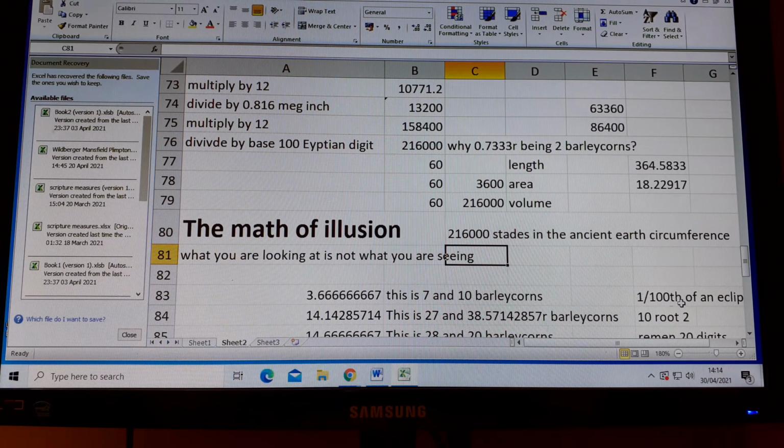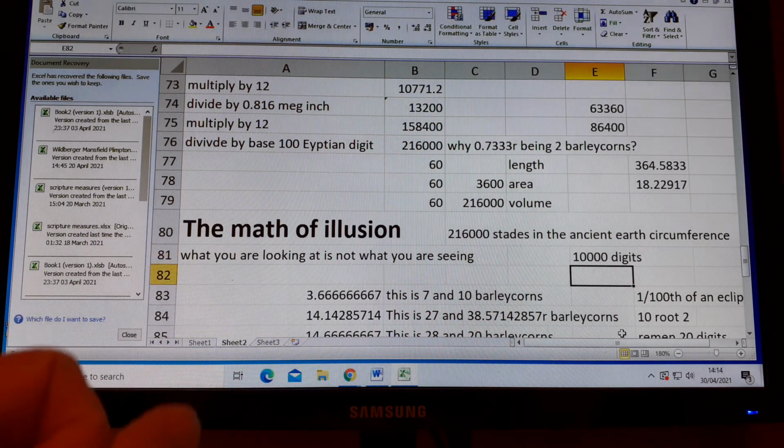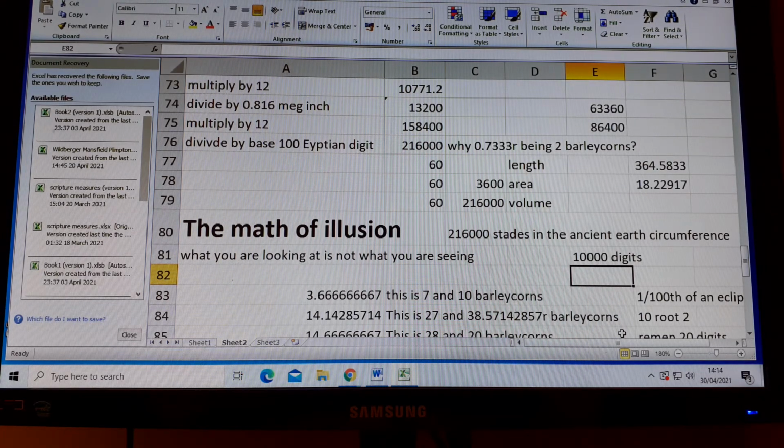And guess how long a stade is? It's 10,000 digits. What does that make a stade, which is a geodetic mile? We'll go plus 10123 times 0.73.